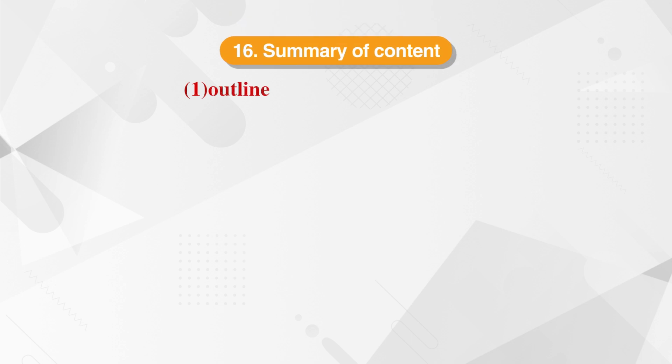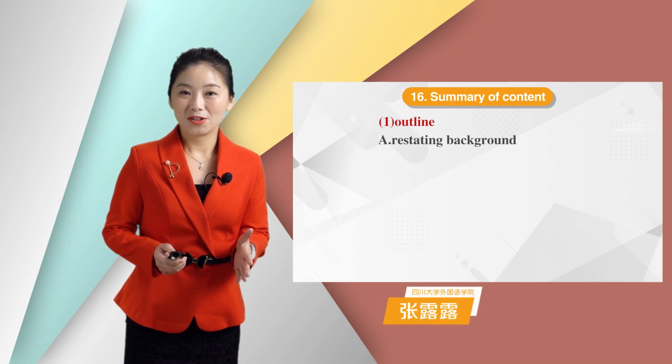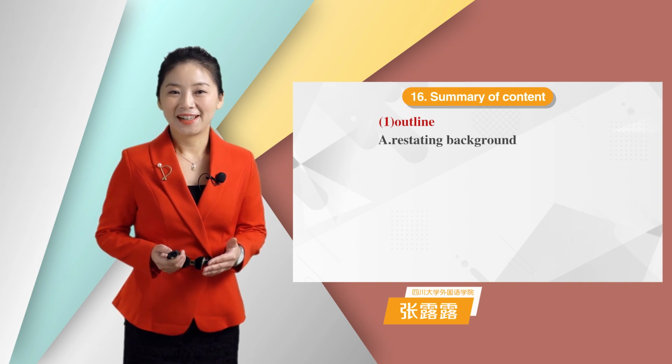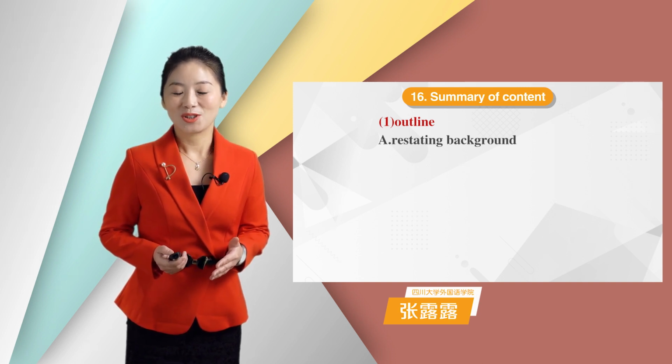Let's summarize this part. First, look at the outline of the introduction. First, at the beginning of the discussion, you should reiterate your research topic and the problems to be solved.